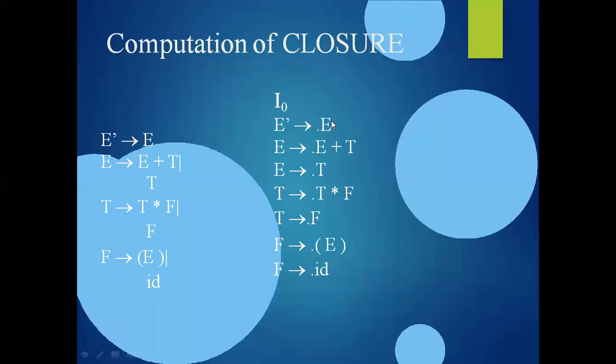Now, in closure of I, again write down all the production rules that we defined in G'. In the definition of the closure of I function, what we are doing is inserting the dot at the starting of the right hand side of each and every production, right after the arrow.